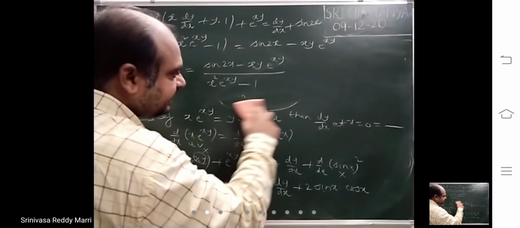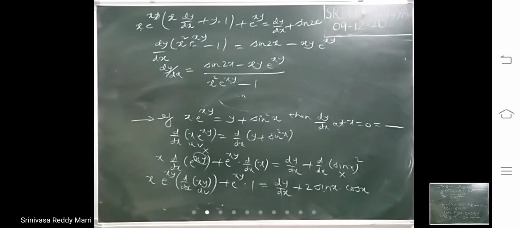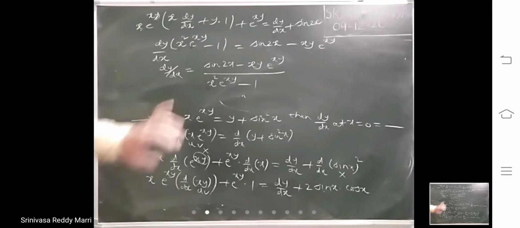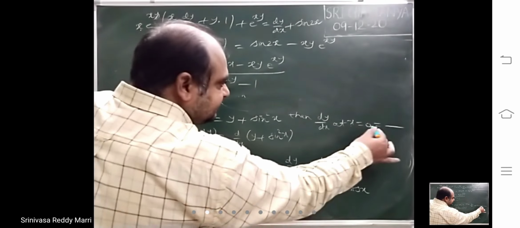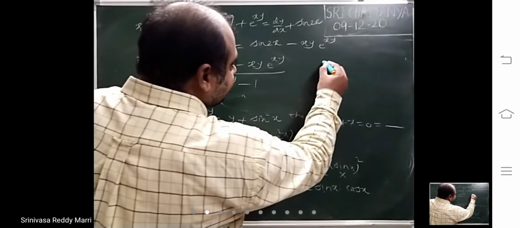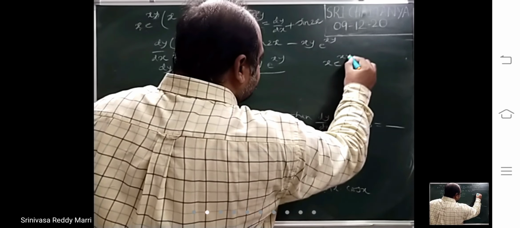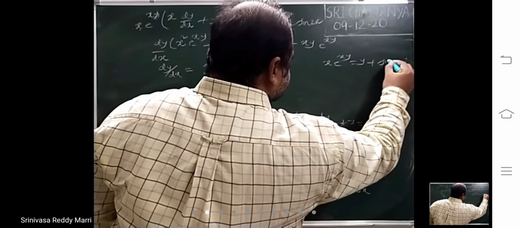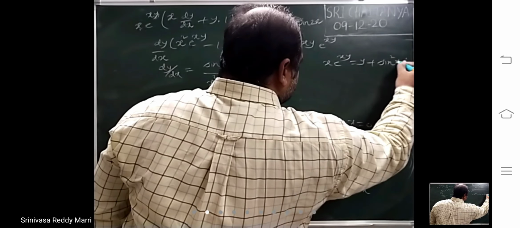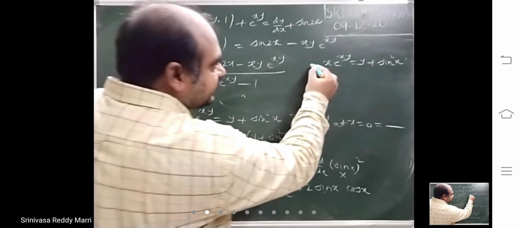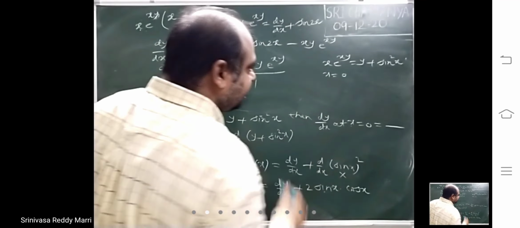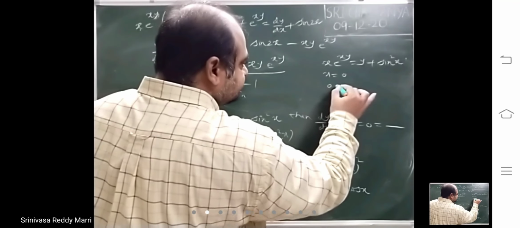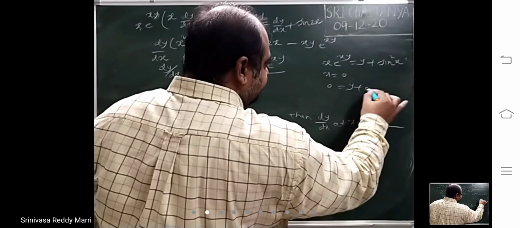Now what is asked? At x equal to 0. At x equal to 0, for calculating you want x as well as y. So look at x equal to 0, y point you can calculate. Take the given curve. At x equal to 0, you can calculate what is y on the curve. X equal to 0 you substitute: this will become 0 equal to y plus 0.